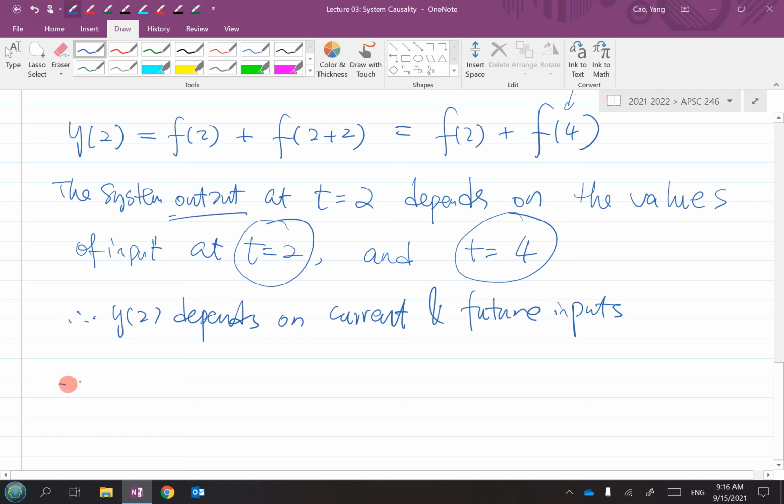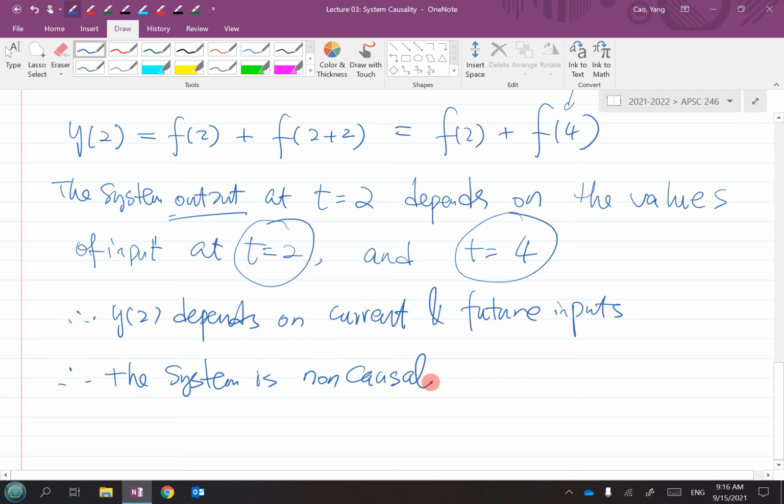So finally, you can draw a conclusion. Any system that depends on the future inputs is a non-causal system. So you can see the system is non-causal. All good? Right.